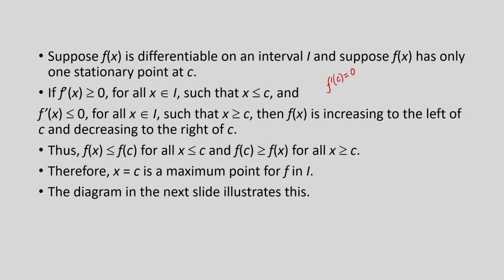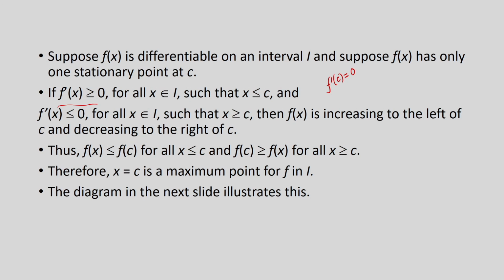Now, if f dash of x is greater than or equal to 0 for all x belonging to that interval I such that x is less than or equal to c, and f dash of x is less than or equal to 0 for all x in the interval capital I such that x is greater than or equal to c, then f x is increasing to the left of c and decreasing to the right of c. So, just imagine that before c is reached, this is satisfied.